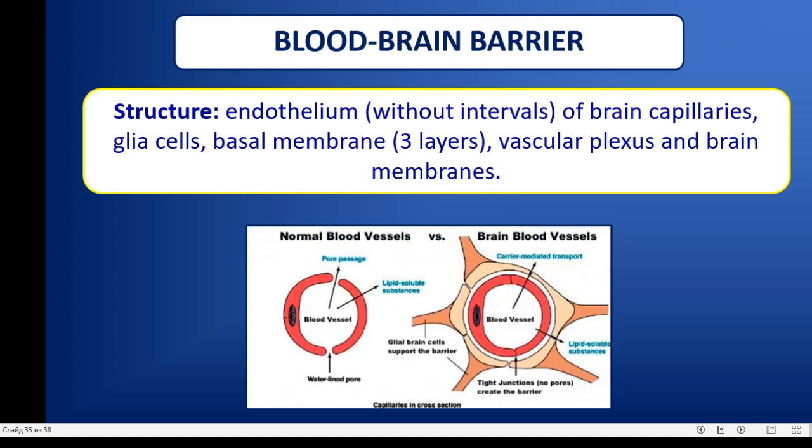Here you see the blood-brain barrier on this picture: normal blood vessels, visual, and other components of the blood-brain barrier.